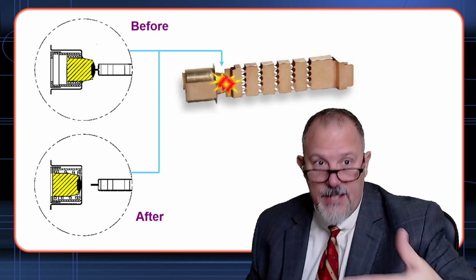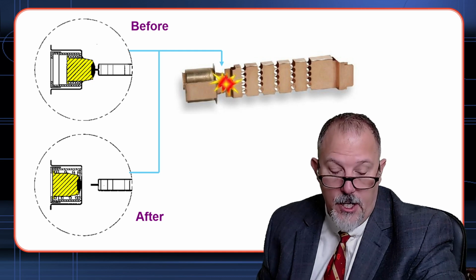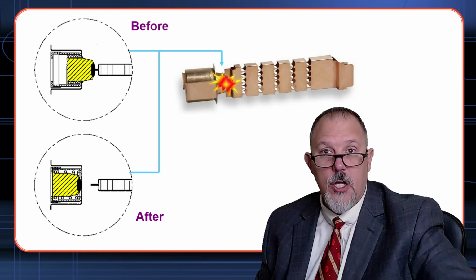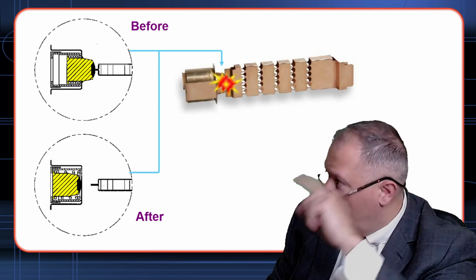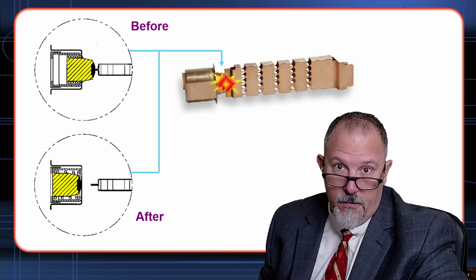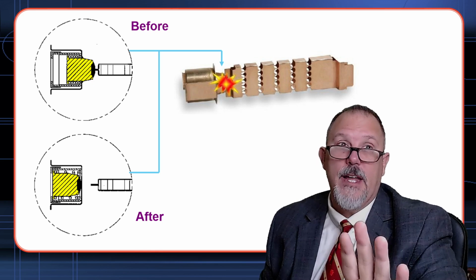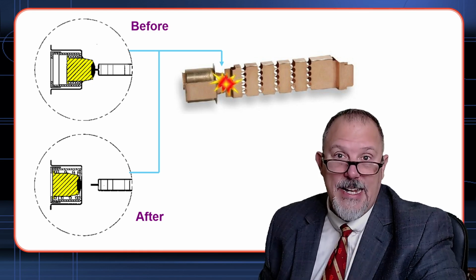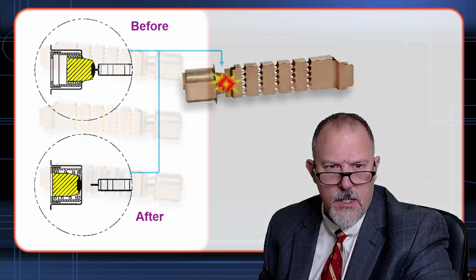And what does it take to heat and melt that element? Current and time. So on overloads, if I let higher currents flow long enough, I can melt that element and have it open. And I'll show you what that means on the trip curve. Keep in mind that as long as my normal currents are lower than the rating of that fuse, I'm not going to melt that element. Hope you understand that one.